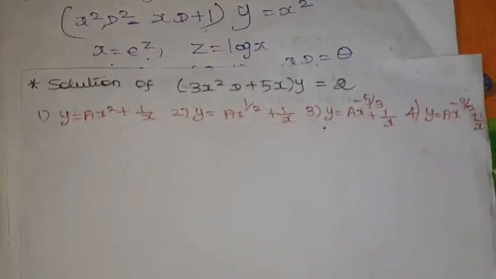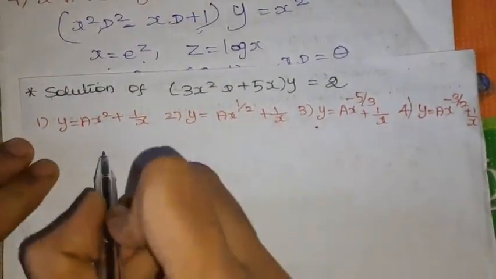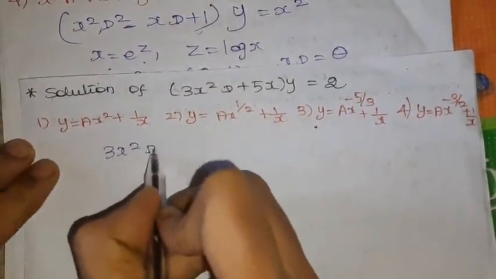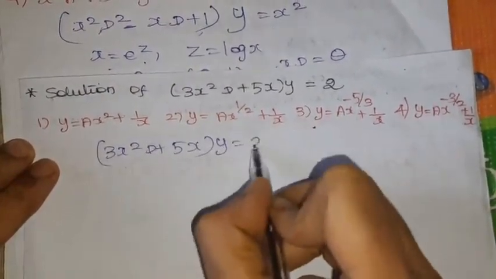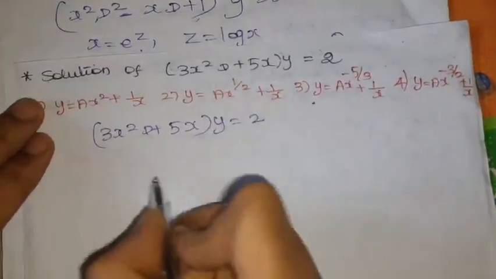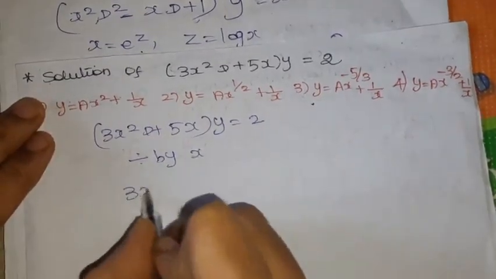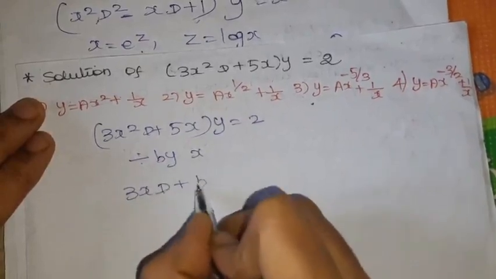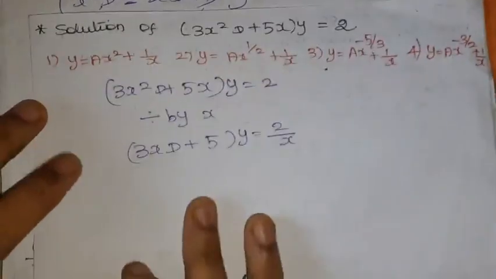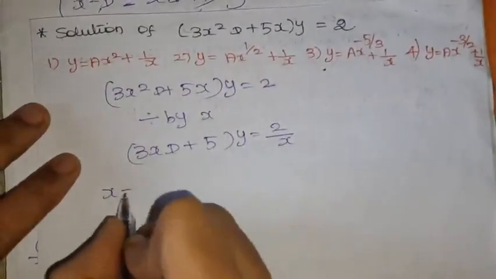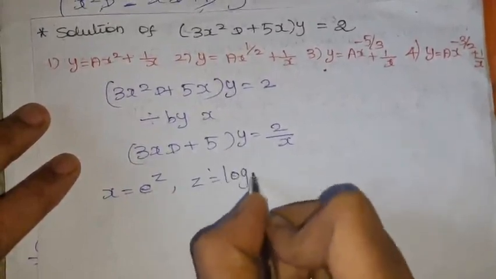Solution of the given differential equation. These are all example problems for variable differential coefficients. So we should do all the substitutions and then proceed as with the normal differential equation type. So divide by x, whenever we are dividing by x: 3xD plus 5 into y divided by 2x. Now let x equal to e power z, then z equal to log x.